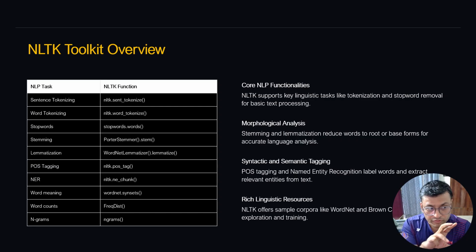And in the second column, I have written the NLTK function. That means when you do all these NLP tasks using NLTK, these are the NLTK functions we use. These are just a very few of them, just to let you know.